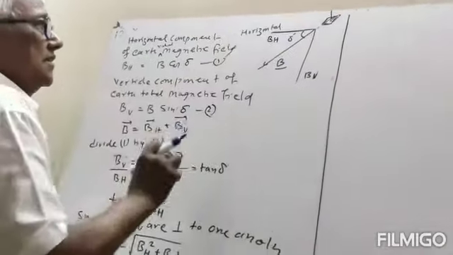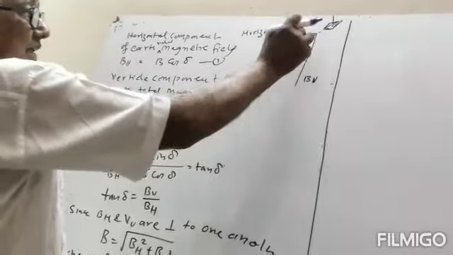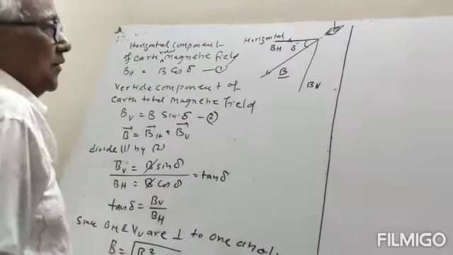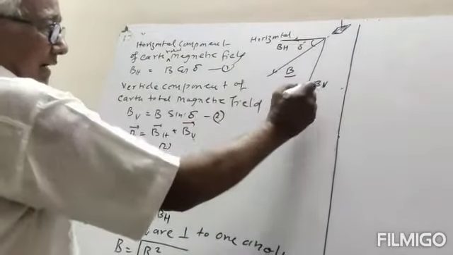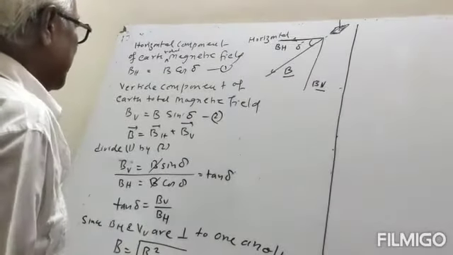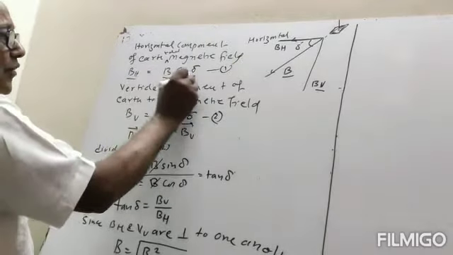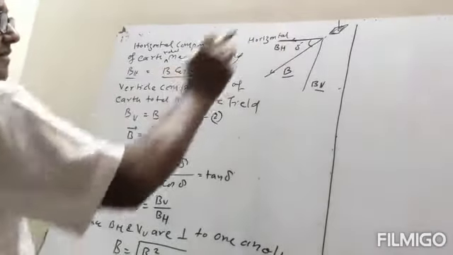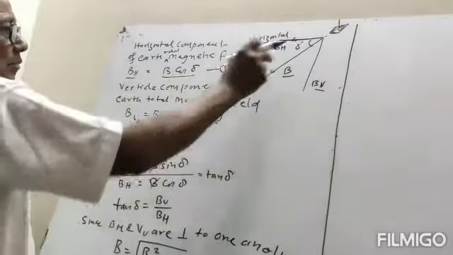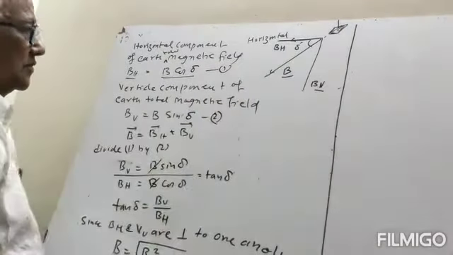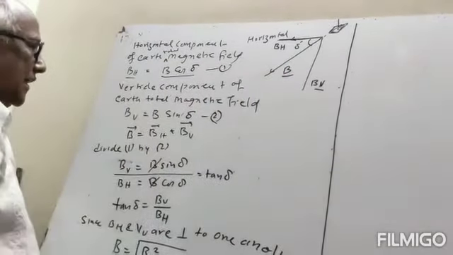Here the component of the magnetic field will be equal to BH and here it will be equal to BV. So BH is the horizontal component, BH will be equal to B cos delta, and the vertical component will be equal to B sin delta.